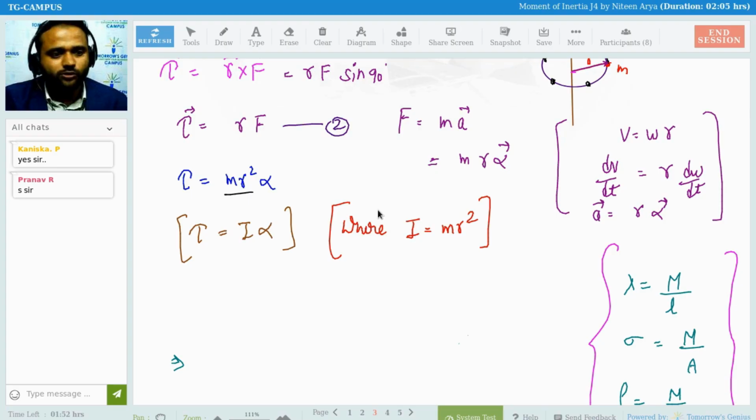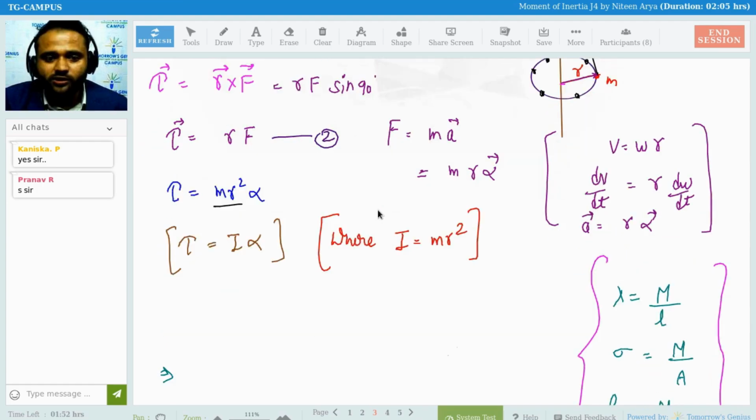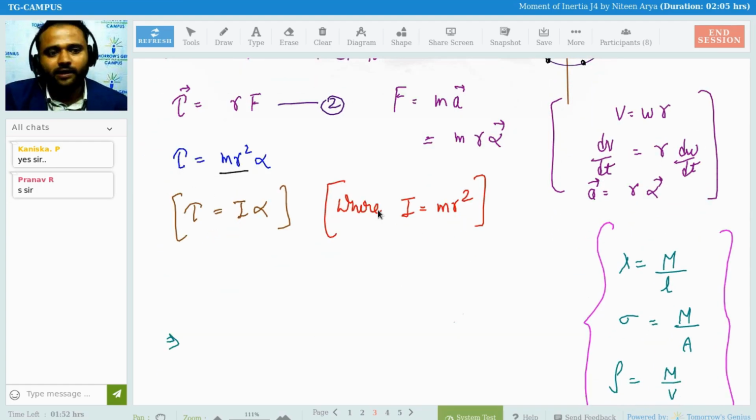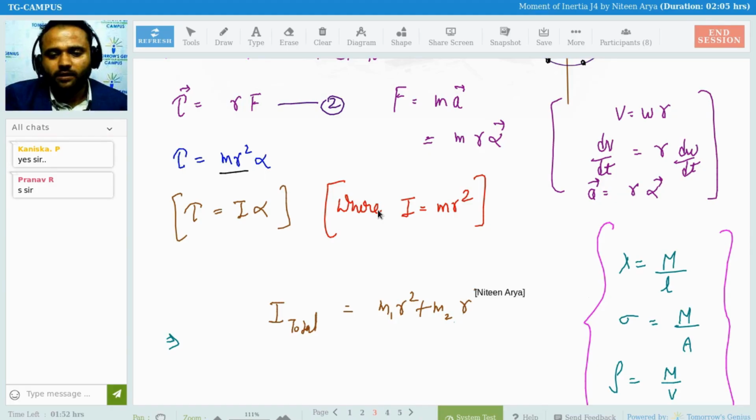For n particles, because r is going to be constant, we have m1 r1 square, m2 r2 square, and so on. For total moment of inertia, with r constant, it is m1 r square plus m2 r square plus m3 r square, and so on.